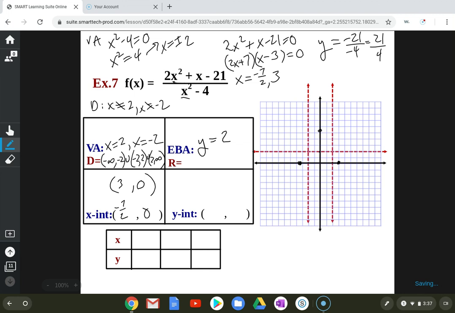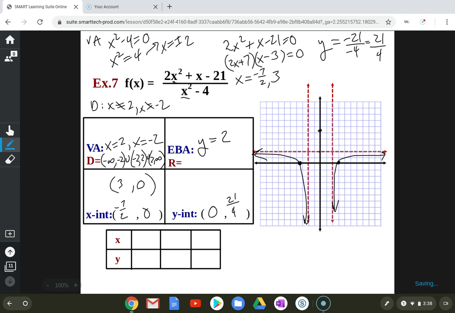So we have 0, 21 fourths. Now, with these graphs, you can follow your asymptotes and just let them guide you, but the middle part you might have to do a little work. So I'm going to go ahead and just sketch these graphs right here. So we got this guy, and we got this guy. Those follow the asymptotes just fine.